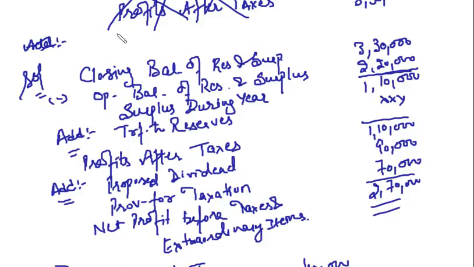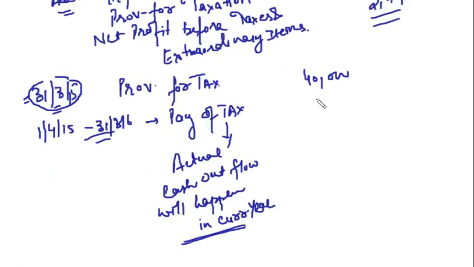Is it an expense which is directly related to the operations of the business? No. The answer is no. That's why we are not considering this 40,000 here. So then where will this be treated? This will be treated in financing activities. This we will discuss when we move on to financing activities.